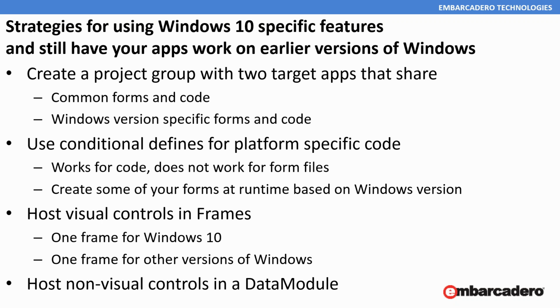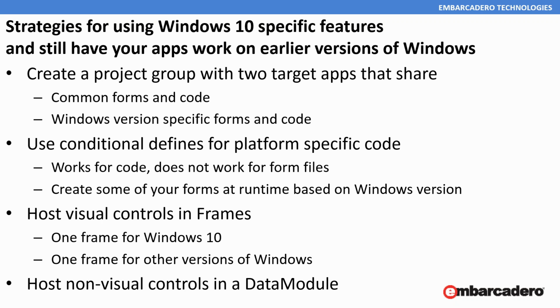But what if you wanted to have the best of both worlds? Have Windows 10 specific capabilities, and then maybe have your Windows projects that either would not have those capabilities, but would run on other versions of Windows. So one is you could create a project group, two target apps that share the common forms and code that you know work on every release of Windows.